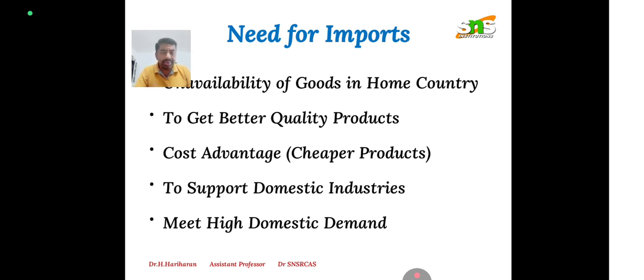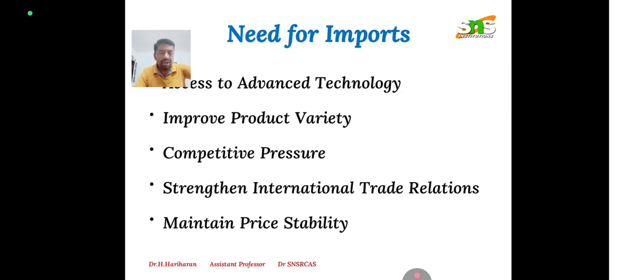Sometimes it is cheaper to support domestic industries. Our domestic industries are in need of raw materials and machineries, and with the help of import only we can do all those things and meet high domestic demand, which we have already discussed.